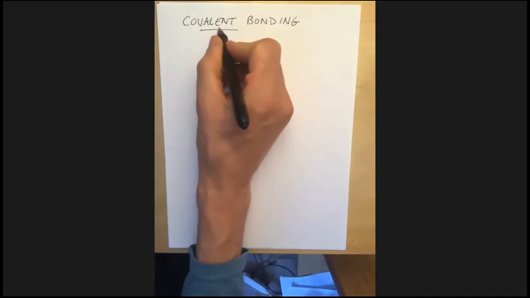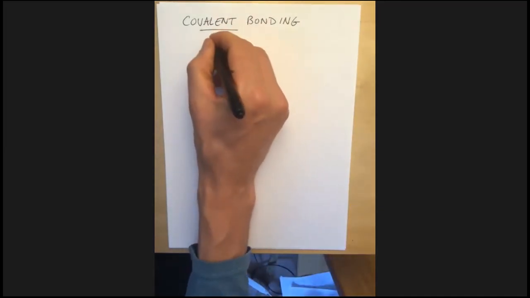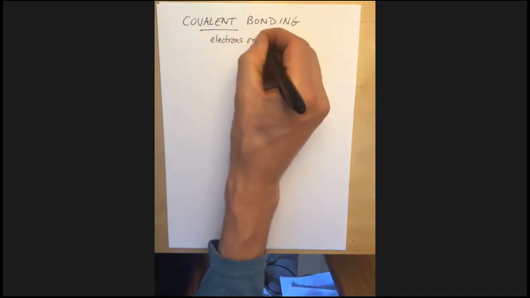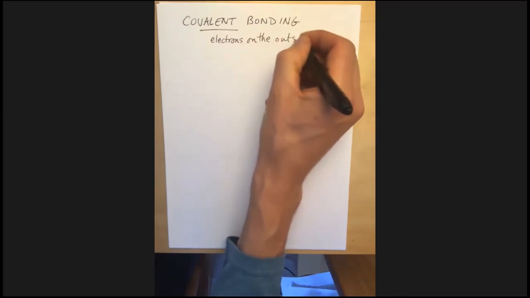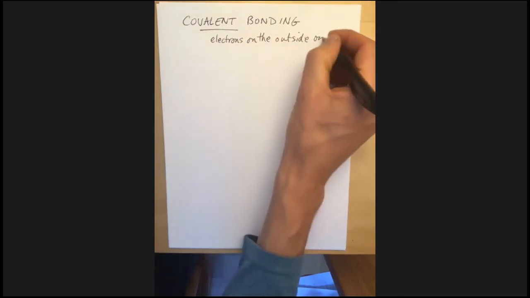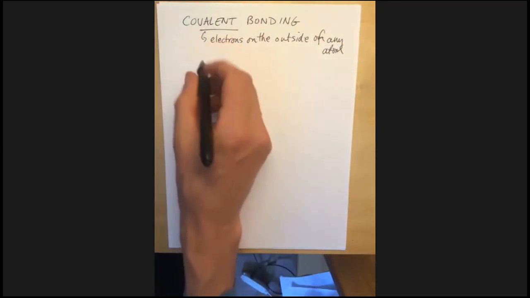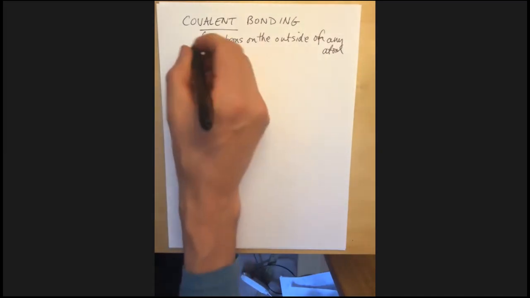The valence electrons, these are the electrons on the outside. Right, so valence electrons are electrons on the outside.